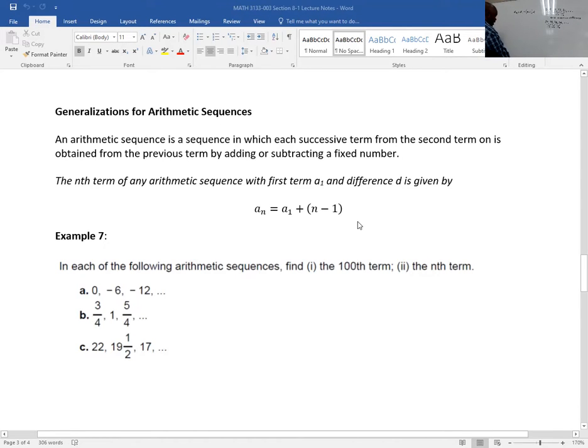All right, so in part A, say we got this: 0, -6, and -12. And it goes on and on and on without end.